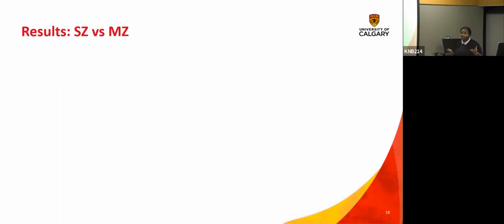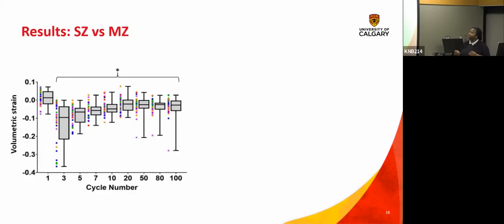So this strain information becomes very important when we move on to the results we got for how the cells were changing during the cyclic loading. For the superficial zone, interestingly, what we observed was that the cell first loses volume within the first few cycles, but then surprisingly, the volume recovered over time and pretty much tried to get back to baseline volume.